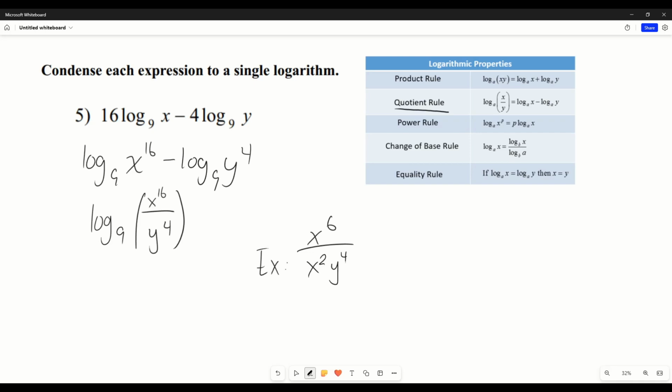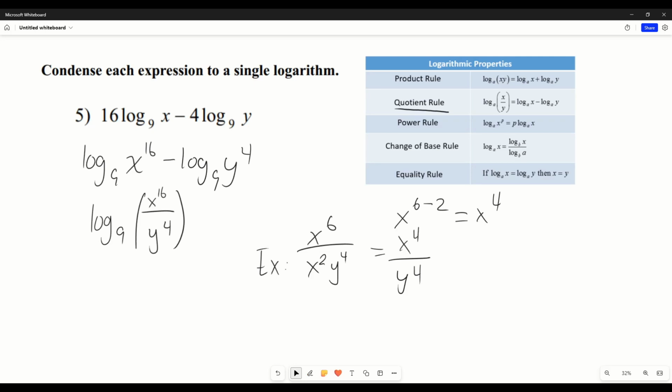So this is just basically x to the 6th minus 2. We're subtracting its exponent, equals x to the 4th. So the simplified form of this would just be x to the 4th over y to the 4th, and we can't simplify y to the 4th because there's nothing up here in the numerator.